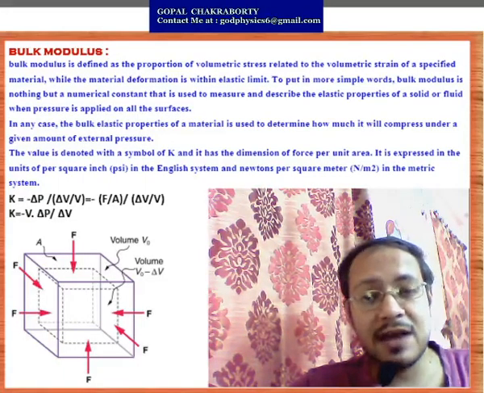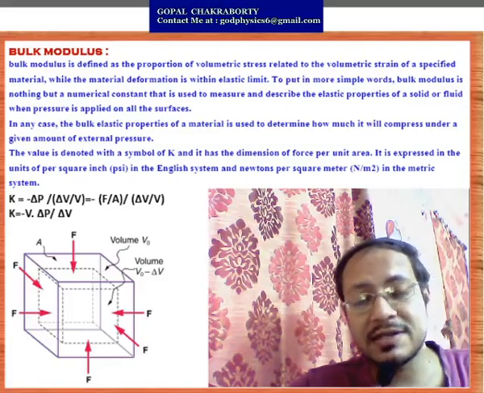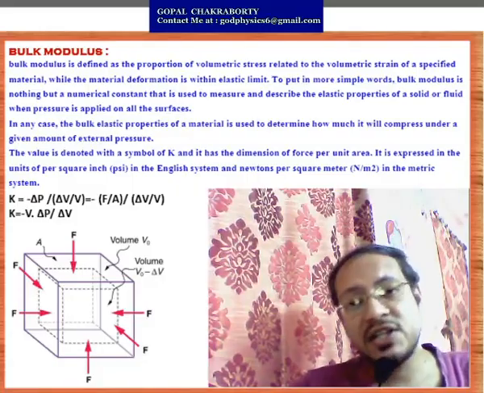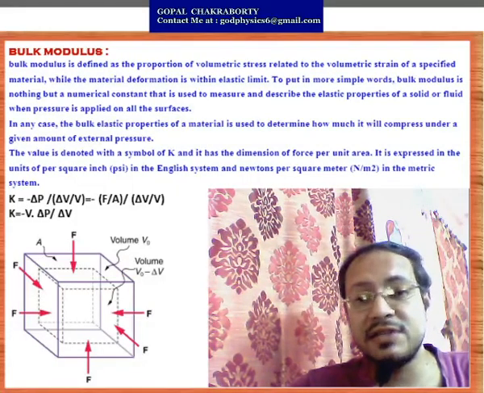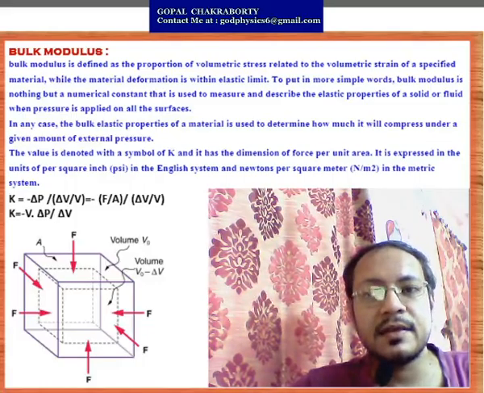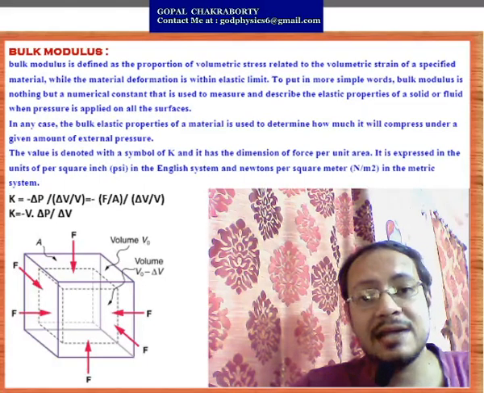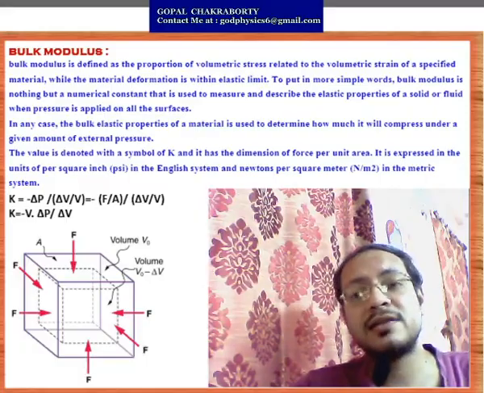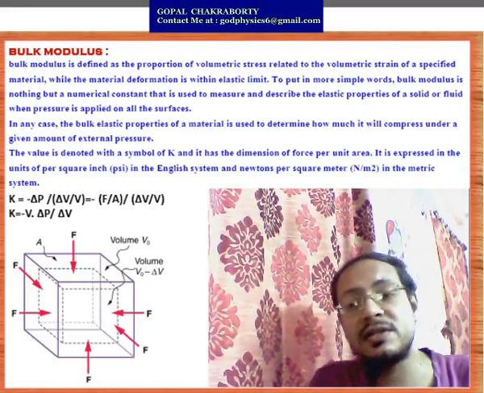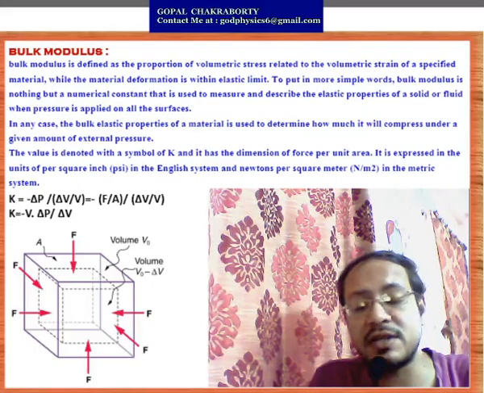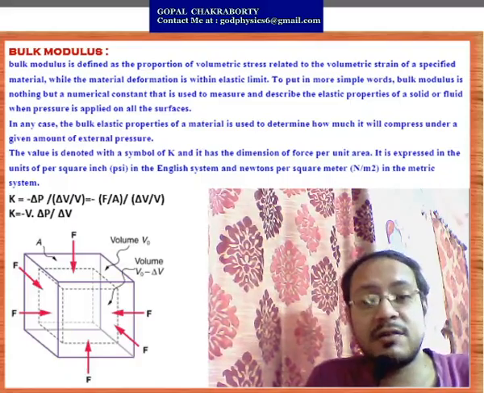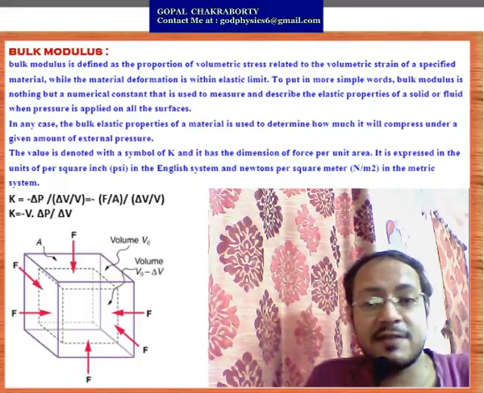The value is denoted with the symbol capital K, and it has the dimension of force per unit area, so it is Newton per meter square. As I have already told you, Young's modulus is the longitudinal stress by longitudinal strain; here bulk modulus is simply the ratio of volumetric stress to volumetric strain.